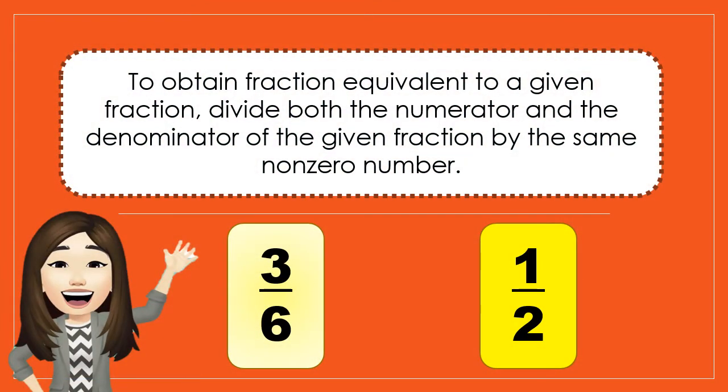Another way to obtain an equivalent fraction is through the use of division. We can divide both the numerator and the denominator of a given fraction by the same non-zero number.